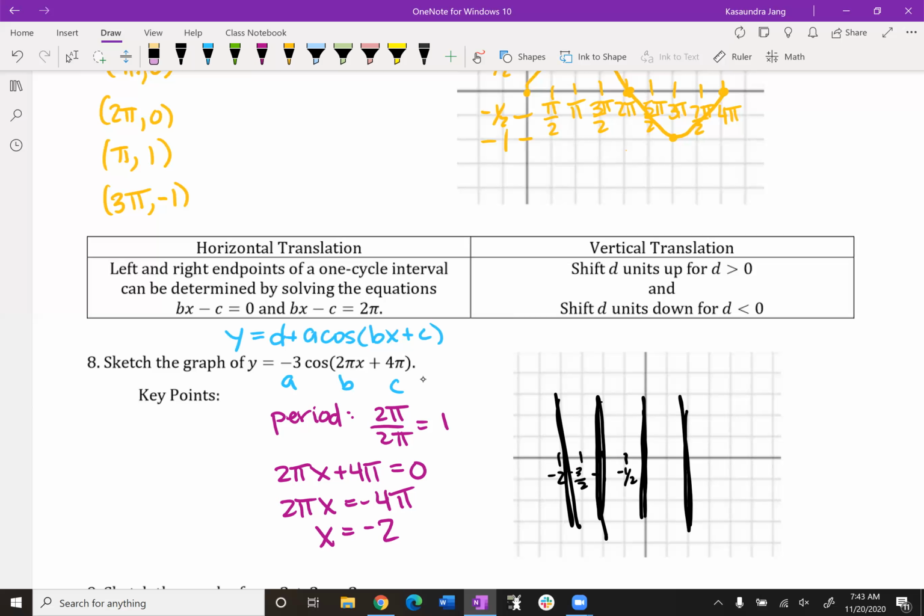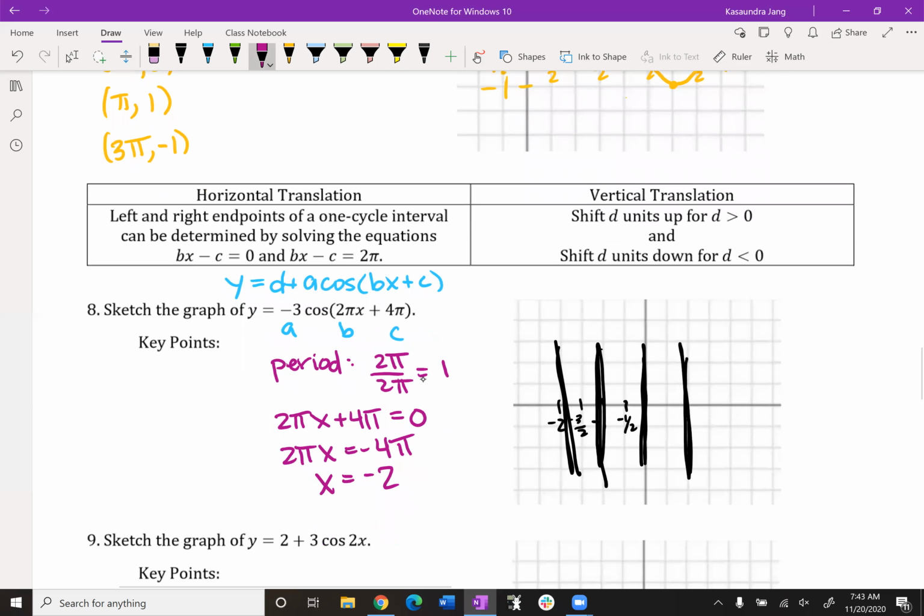So I know where I'm putting this. Let's figure out what the cycle is going to look like. I see that I have an amplitude here of the absolute value of a. So my amplitude is actually 3. Okay, so key features here: I've got the period, and my amplitude is the absolute value of negative 3, so positive 3.